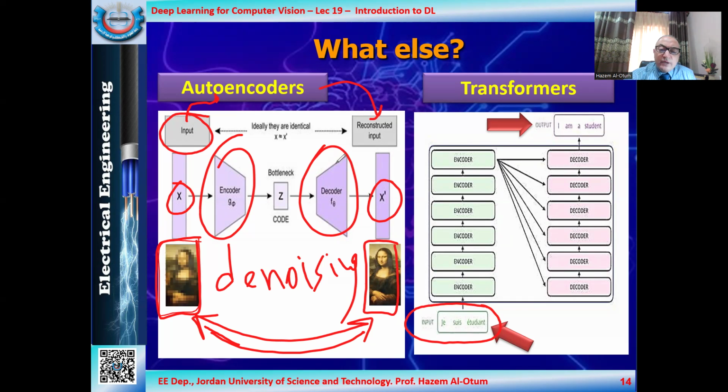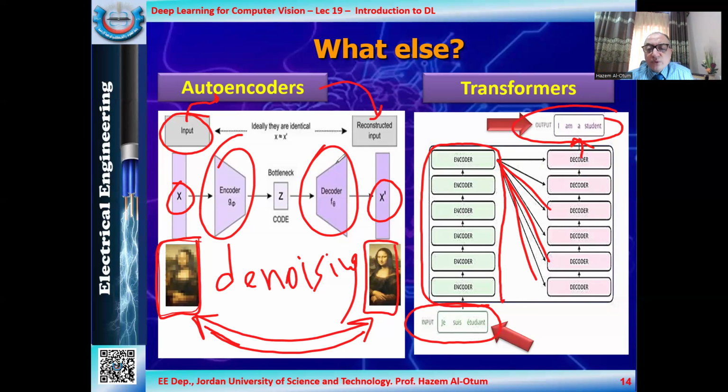Anyway, you can apply the encoder many times, and you can apply it now to different decoders and get a sort of translation of the input data to English, for example, or maybe to another language. So that ultimately I am a student. So you can apply auto translation. You can see this in many applications, like in YouTube when you can add translation for any video whose language you cannot understand.